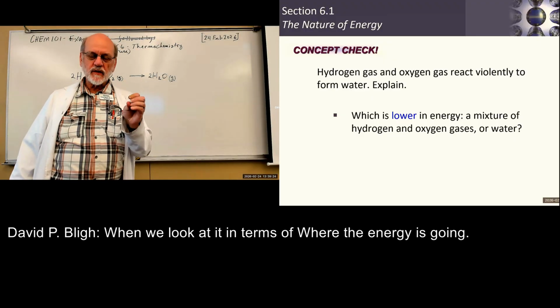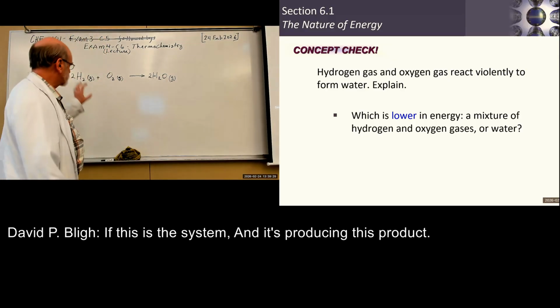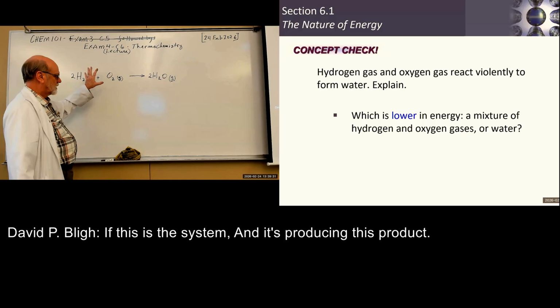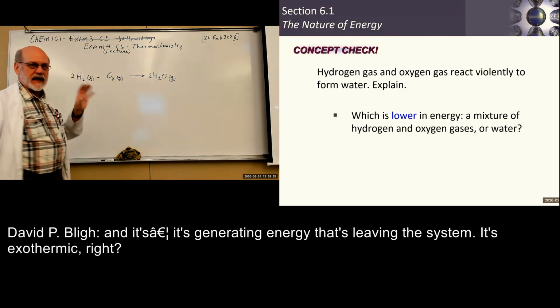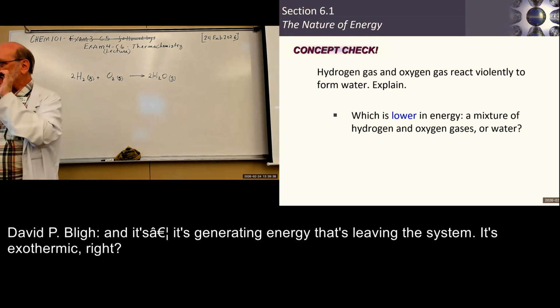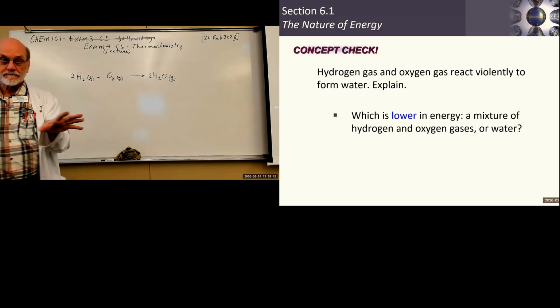When we look at it in terms of where the energy is going, if this is the system and it's producing this product and it's generating energy that's leaving the system, it's exothermic, right?